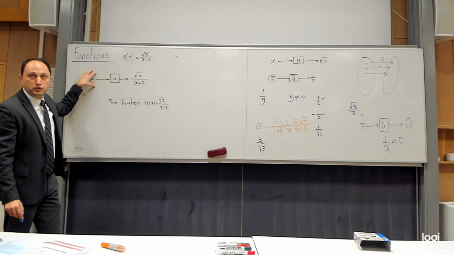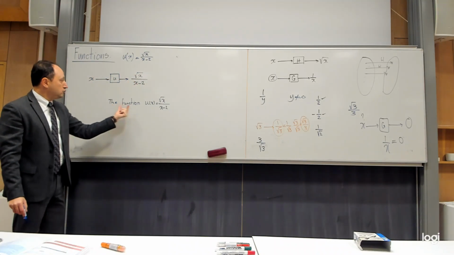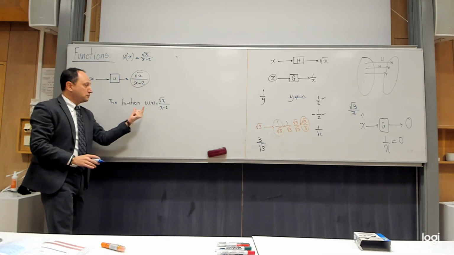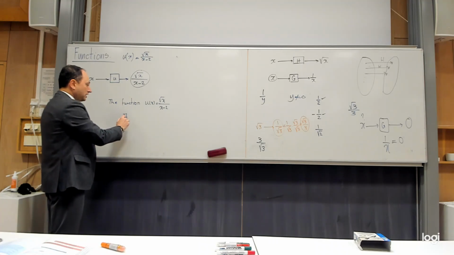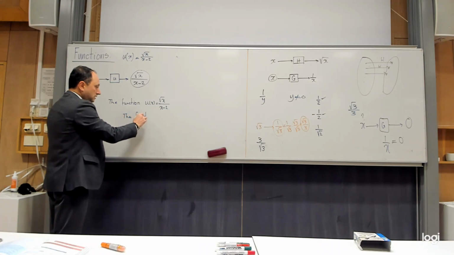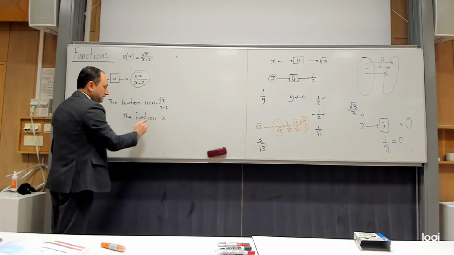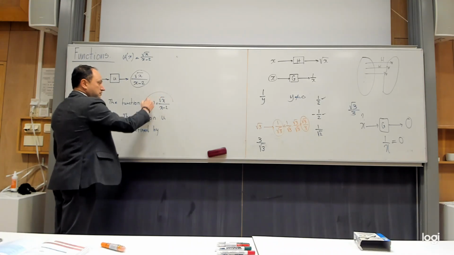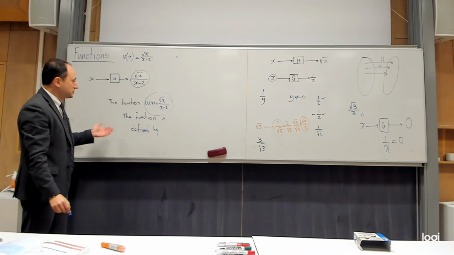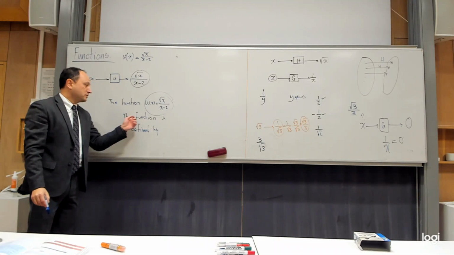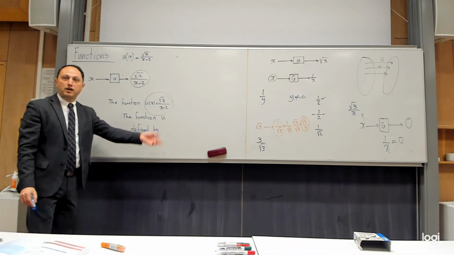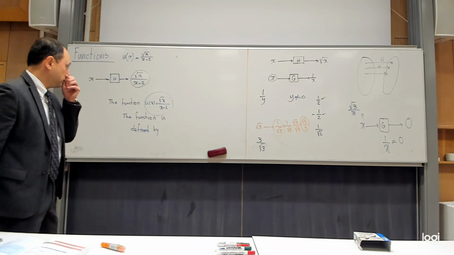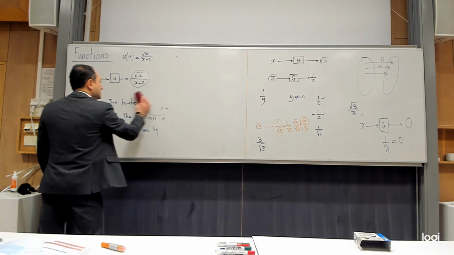This is the input, this is the output, and u of x is the product. So in principle, you should say the function u defined by this. But people are sometimes lazy to write the correct one. They say the function u of x, but u of x is the output. Just appreciate the difference.